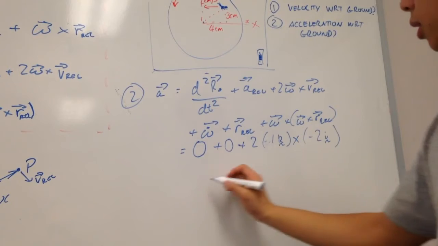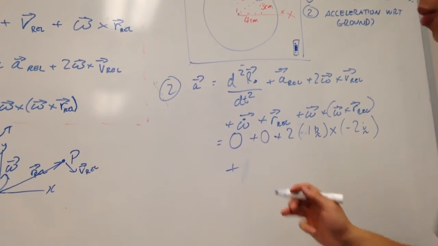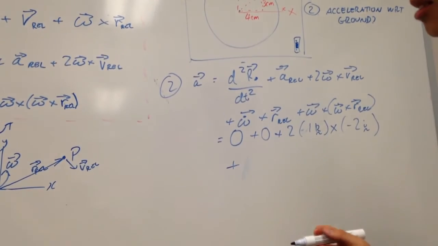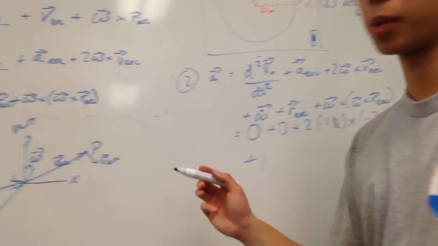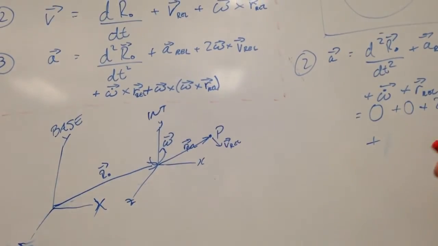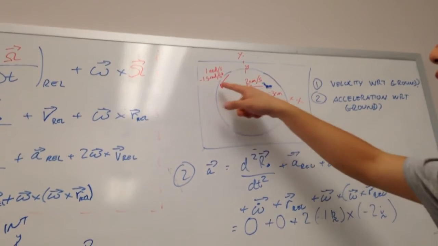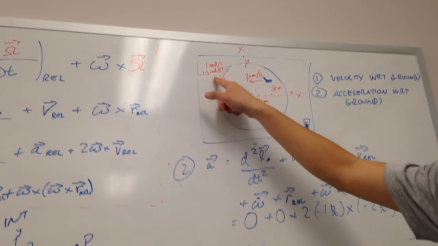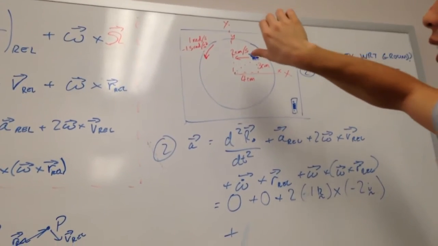That's that bit, plus omega dot, which remember is the angular acceleration of the intermediate reference frame with respect to the base. In this case, because the turntable is actually slowing down, its acceleration is into the page.